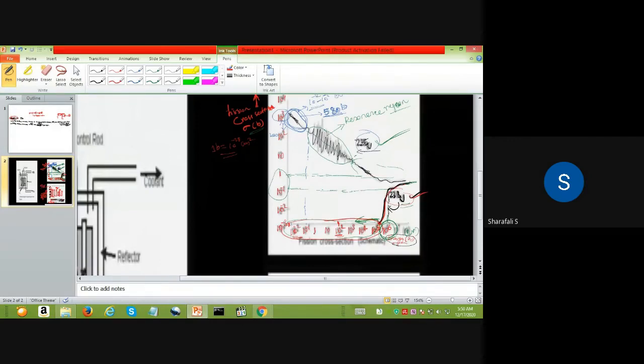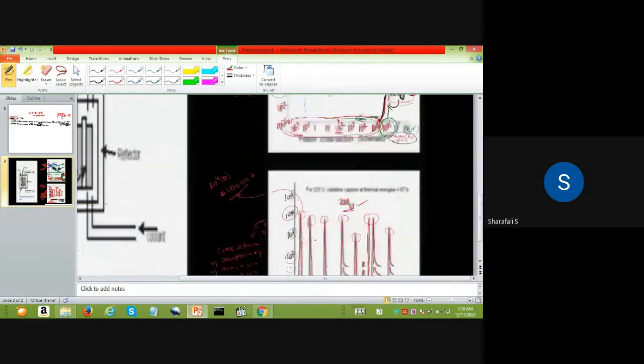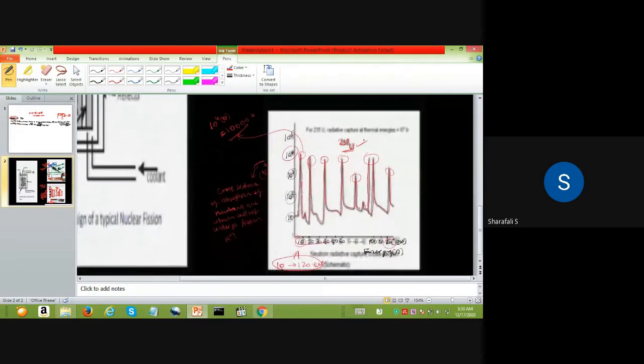But when you consider the absorption cross section, you can see for uranium 238 that it is very large, 10 to the power 4 barns. So what is happening? The uranium 238 is absorbing those low energy neutrons, but it will not undergo the fission reaction. That's why the fission cross section is almost zero.